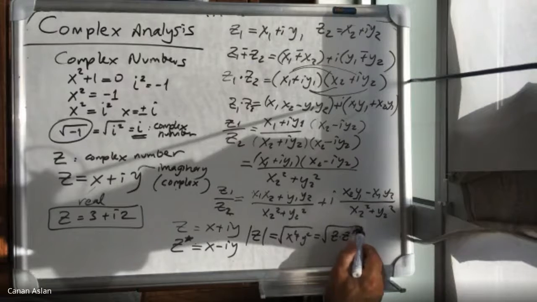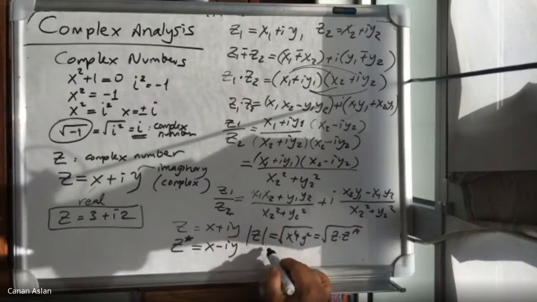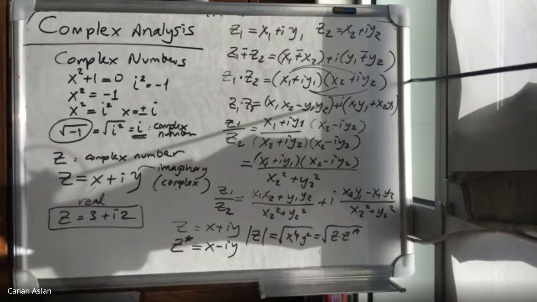So you multiply the complex number by its complex conjugate and take the square root, and it will give you the magnitude of the complex number.